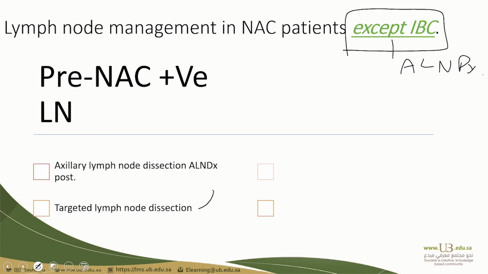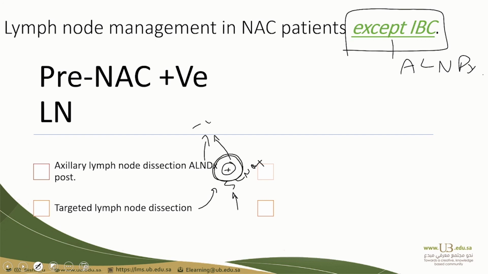This technique consists of putting a clip on the positive lymph node which we detected pre-neoadjuvant chemotherapy. After the neoadjuvant chemotherapy, you will do sentinel lymph node biopsy. You will take the sentinel lymph node biopsy, and also take this clipped lymph node, and send both for histopathology.